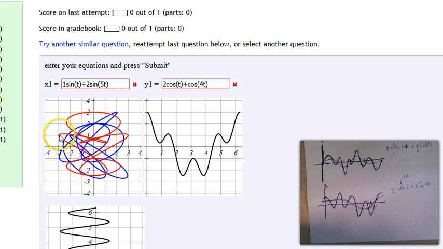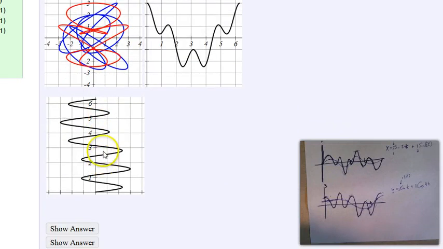That there's certain aspects of this graph right here that I think we did pretty well with. It's kind of upside down and backwards. So starting here, it goes up, down to negative.